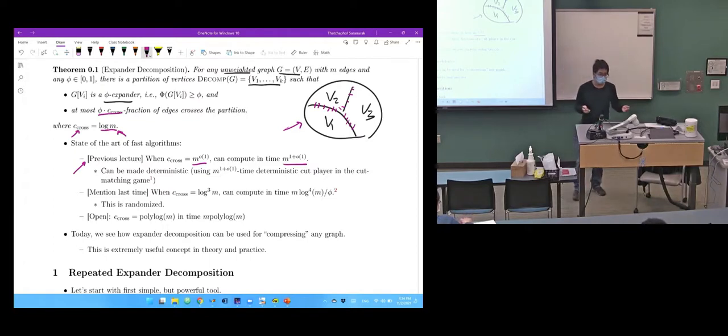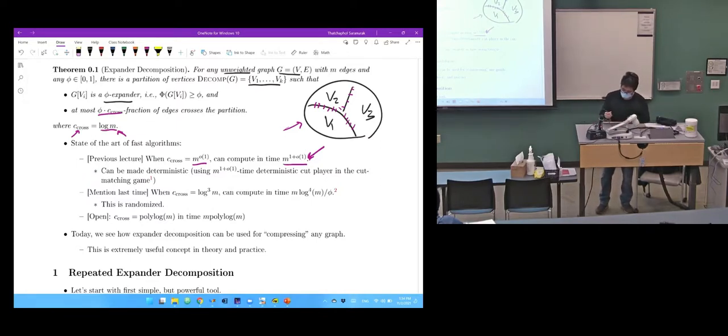The number of calls is something like m to the little o(1), and that's why the total running time is almost linear. And the balanced sparse cut, we can also compute in basically the time to compute approximate max flow, and that can be done deterministically too, in almost linear time. So that is how we get a fast algorithm. And actually, everything can be made deterministic within this time.